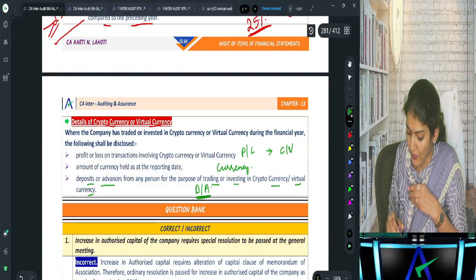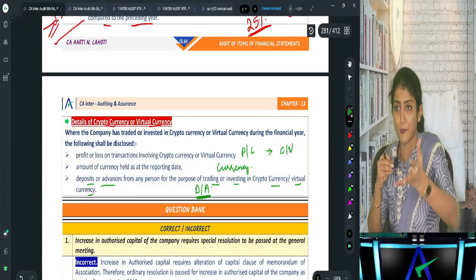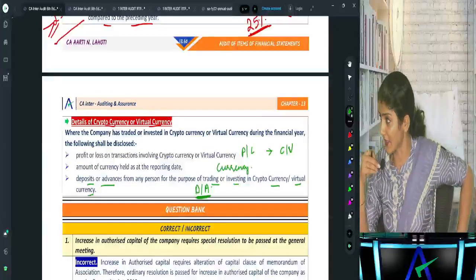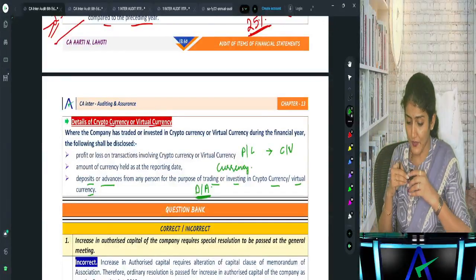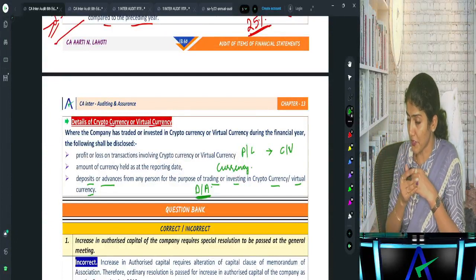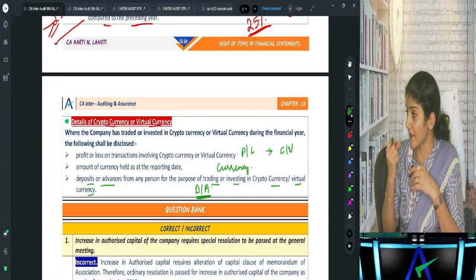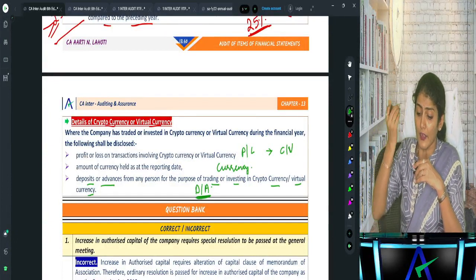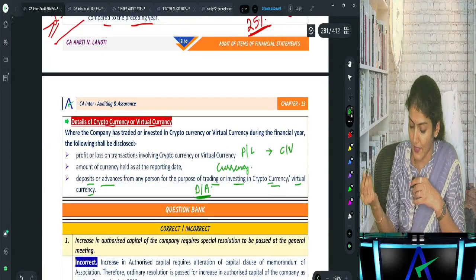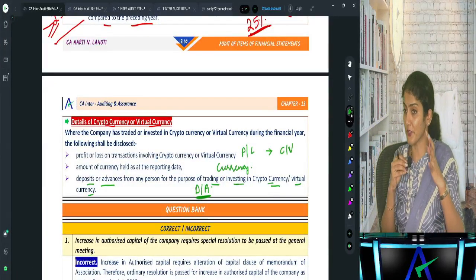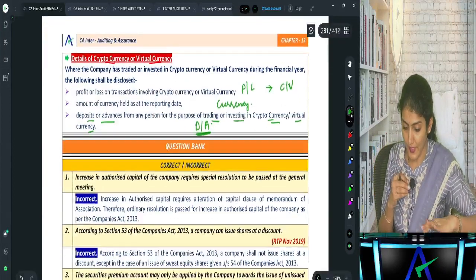You have to keep some margin money for doing the trading in such currencies, right?